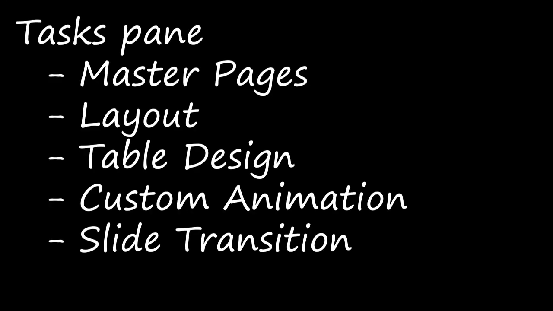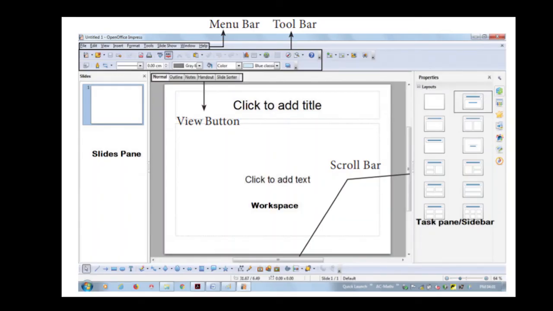We have seen the various ways to start a presentation and the main Impress window and its parts, including the slide panel and task panel. In the task panel we have seen master pages, layout, table designs, custom animation and slide transition. Then we saw the window elements of Impress.